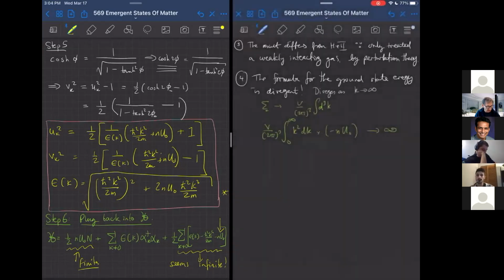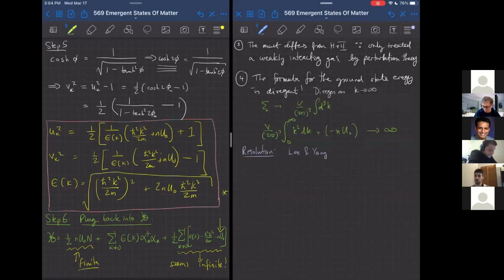Now the resolution isn't particularly simple, but I'm just going to tell you what it is. So this was worked out by Lee and Yang, the same Lee and Yang who won the Nobel Prize for the theoretical prediction of parity violation, which also should have been shared with Wu, who did the experiment and discovered that it was correct.